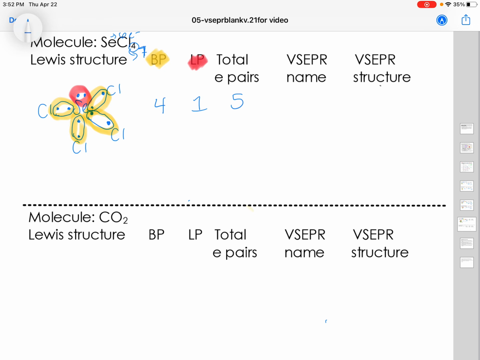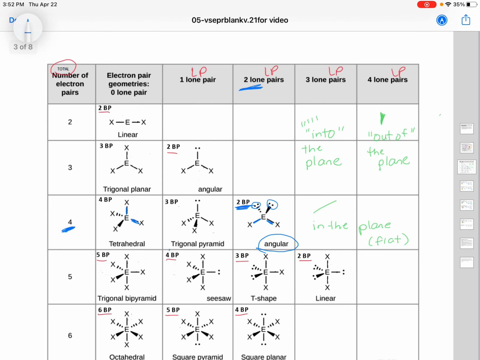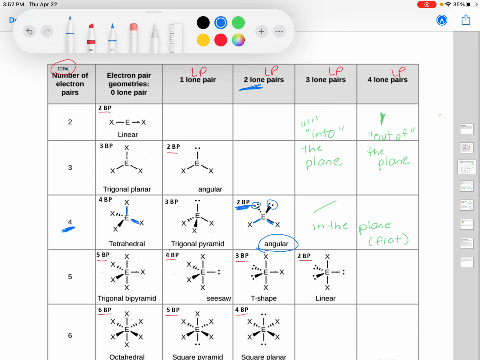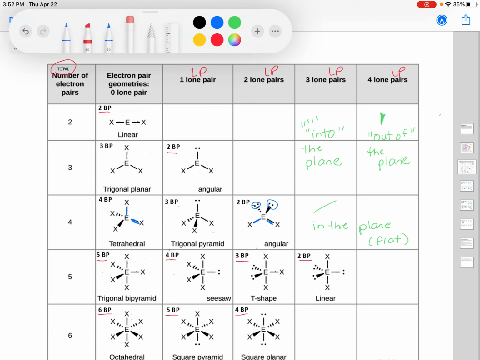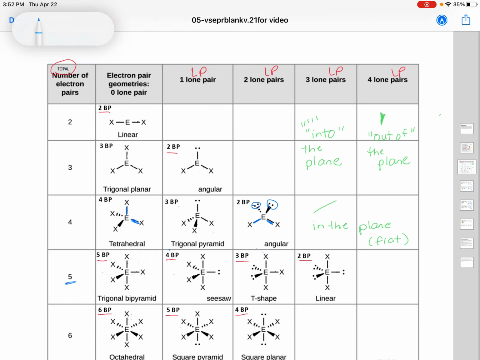So these shapes are very weird. What you might find is if you do a lot of the homework, maybe you might actually have tetrahedral, trigonal planar, trigonal pyramid, angular memorized, whereas this one, especially with the 5s, once you start to get down here, these weird shapes, you probably will not have those memorized, and that makes sense, okay?